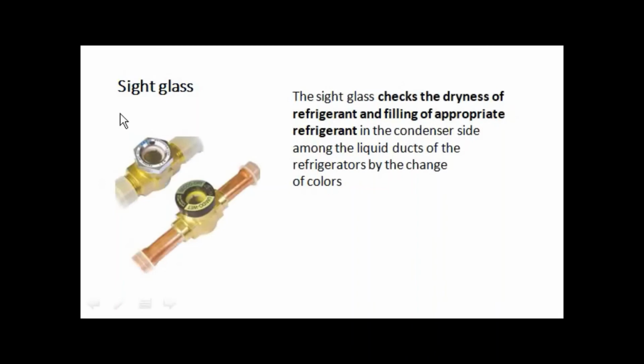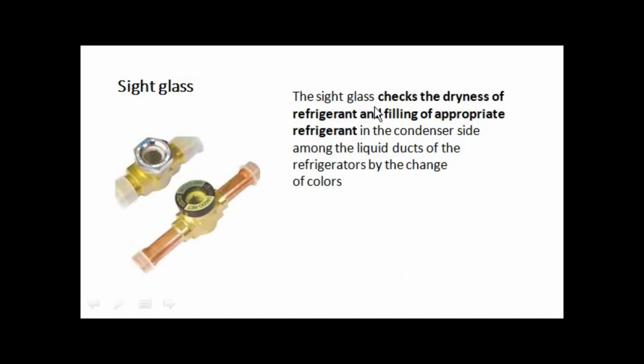After the accumulator, we have the sight glass. As you see, there is a glass here and here. As the name implies, we have sight from vision and glass from the word transparent.